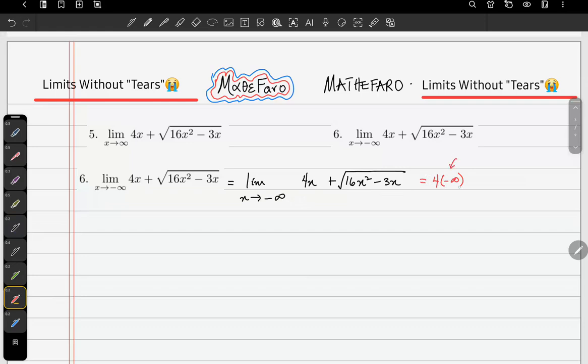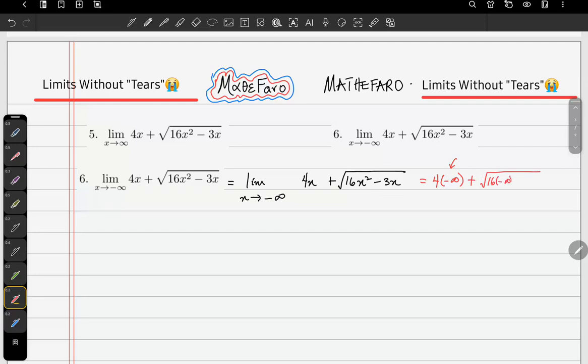Infinity or negative infinity is not a number, but in quotes we have something like this that makes sense, in the way that we are multiplying 4 by a very, very large negatively large number, or should we say negatively very small number.